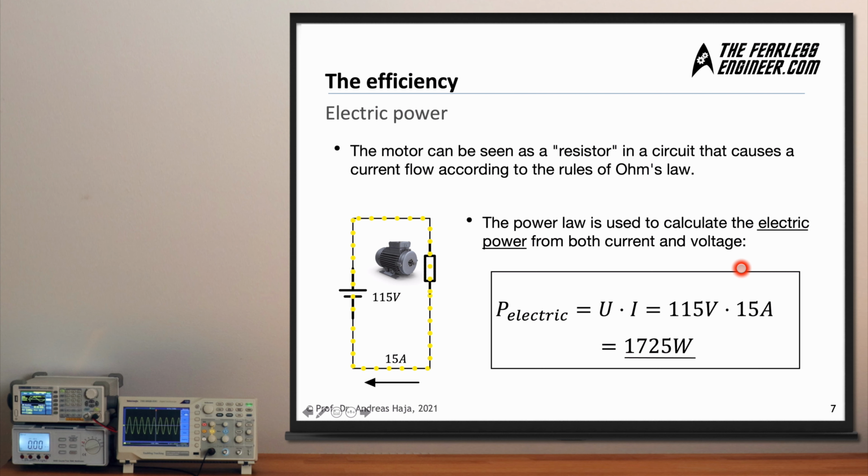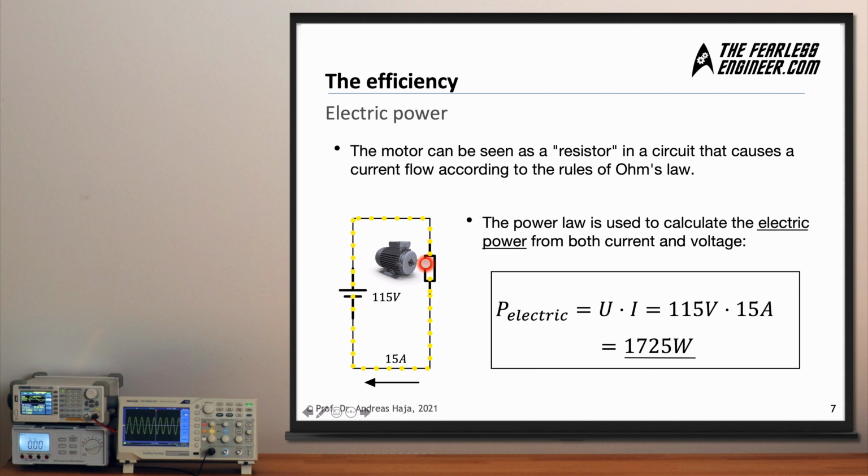And now we can look at the electric power which was used by this motor to lift the load. The motor can basically be seen as a resistor in a circuit. You can see it here in the little schematic, where you can see the power source on the left and the motor on the right.